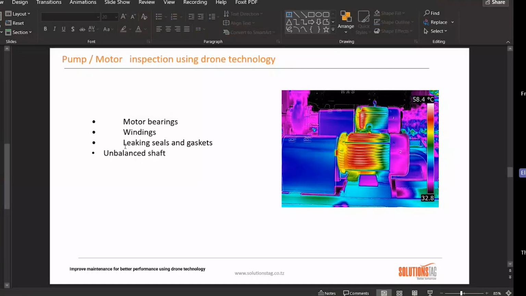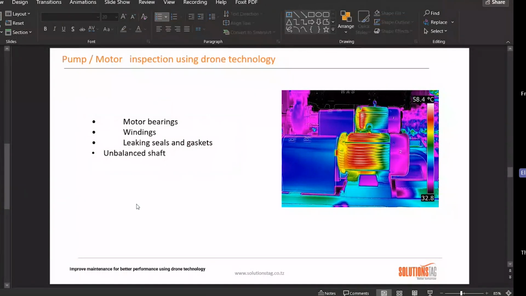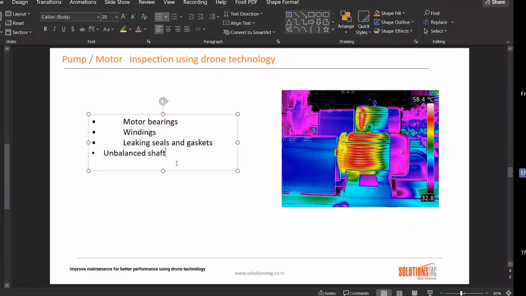You may find after some time the pump is leaking or the output is not as per the initial pump specifications. One of the major issues noticed inside pumps and motors is unbalanced shafts or movement leading to vibrations.